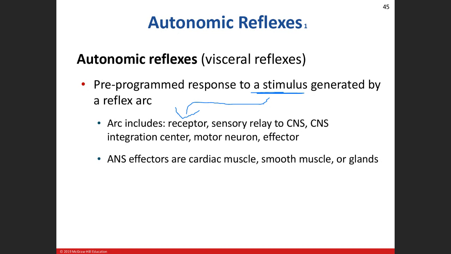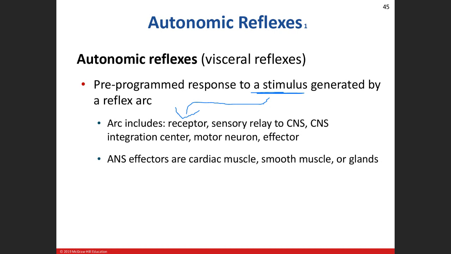Well, guess what? You can't see sound waves, right? So the stimulus of sound cannot trigger your photoreceptors to operate, and vice versa. Light can't affect the hair cells in your ear. I can shine a really bright light into your ear, you're not going to hear a thing. Okay, you might hear the buzzing from the light bulb or whatever, but the point being is it's got to be receptor specific for that stimulus.